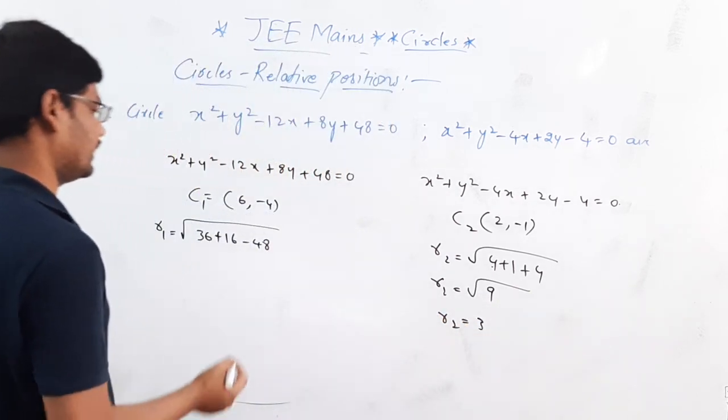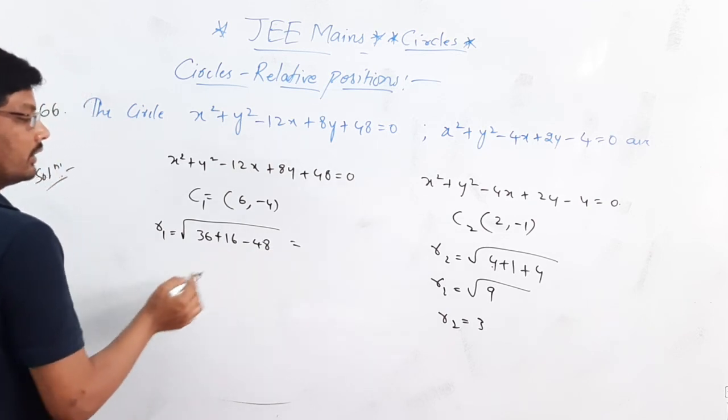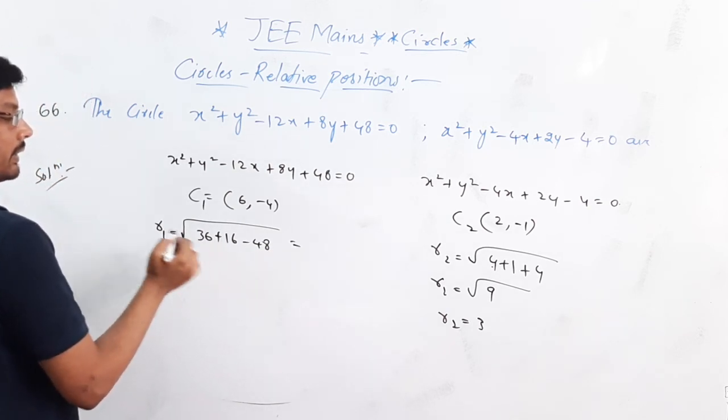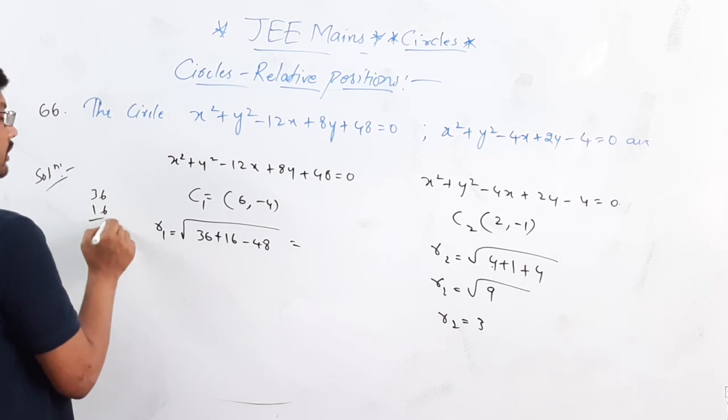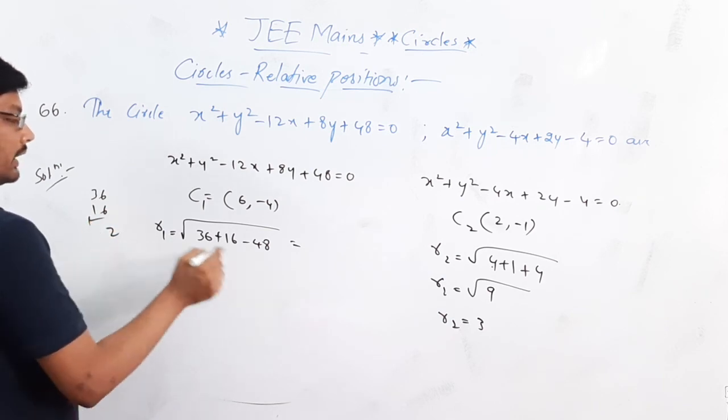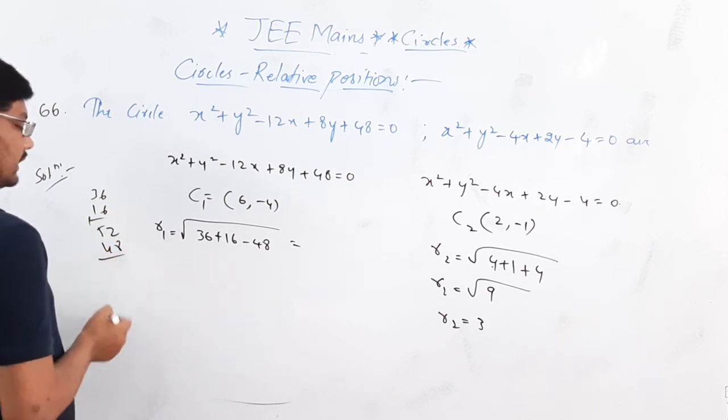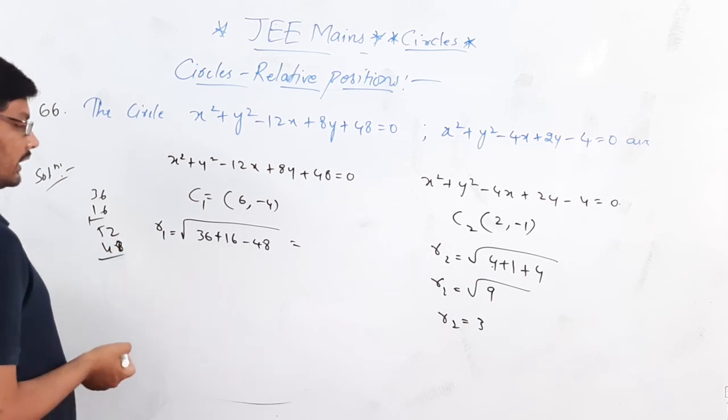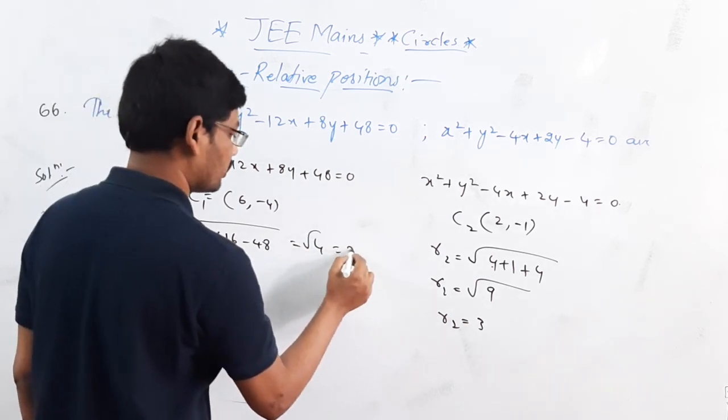For R1, 36 plus 16 is 52, minus 48 is 4. Square root of 4 is equal to 2 here.